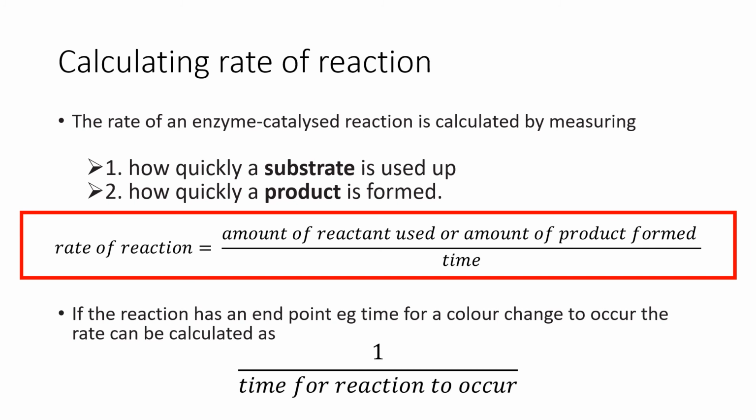If you have a clear endpoint that you can see when the reaction has happened, you can time how long it takes for a reaction to occur. You can use the equation 1 divided by time for a reaction to occur as an indication of the rate of a reaction. So those are the two ways you can calculate the rate should they ask you that question in an exam.